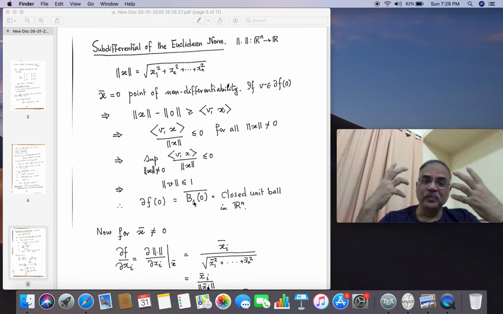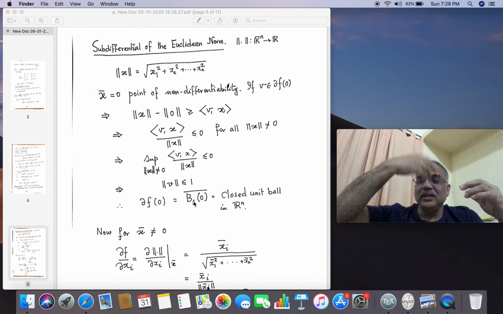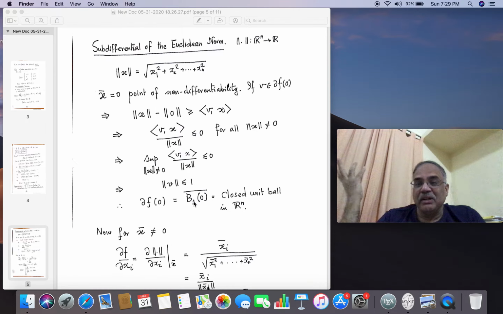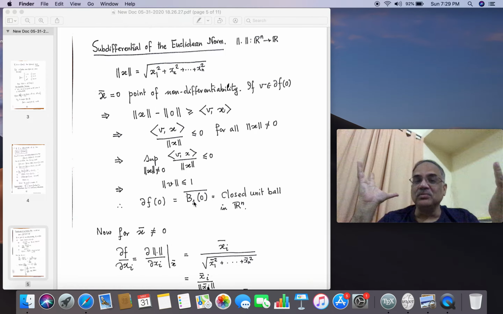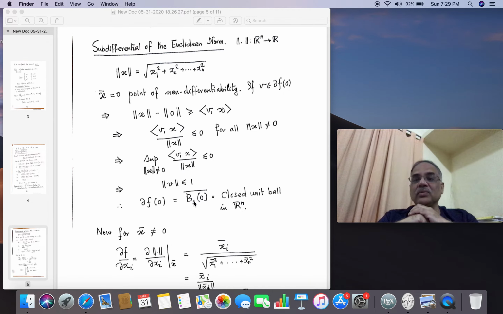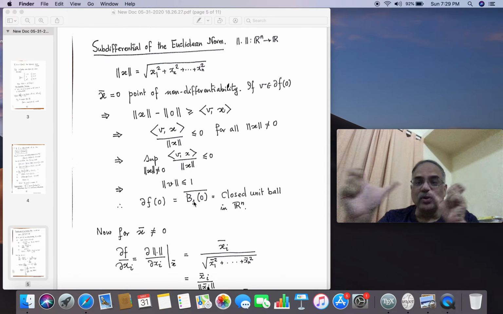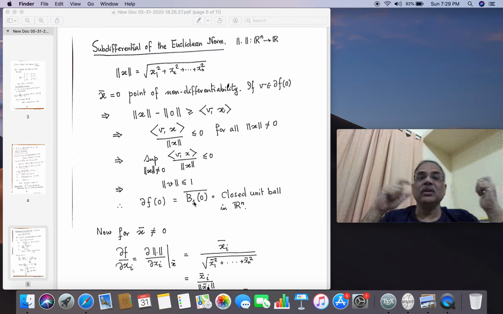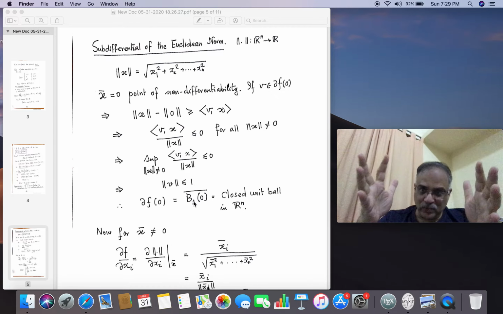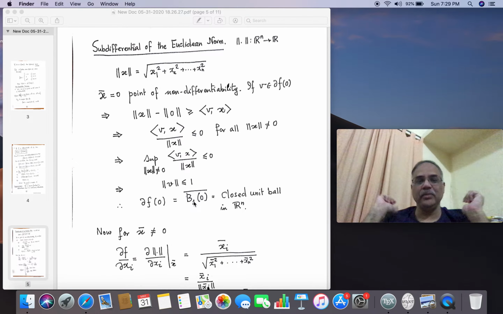So at 0, what is the generalization of the delta neighborhood around the point 0, a neighborhood of length 1 when delta is 1? That is the closed unit ball. So that idea, which was in one dimension, can be pushed up into higher dimension.